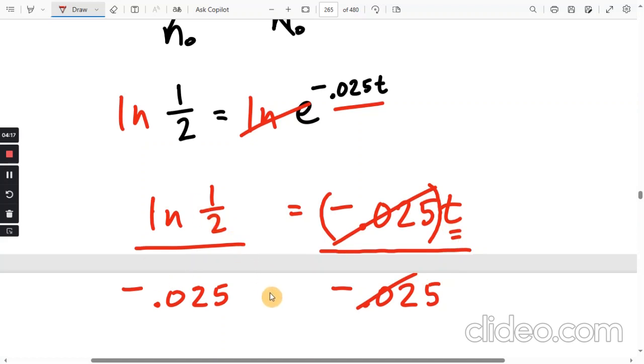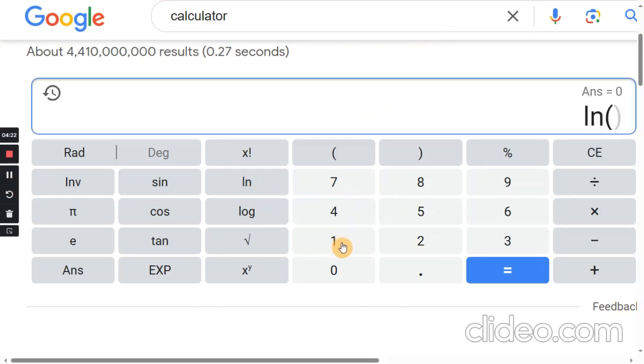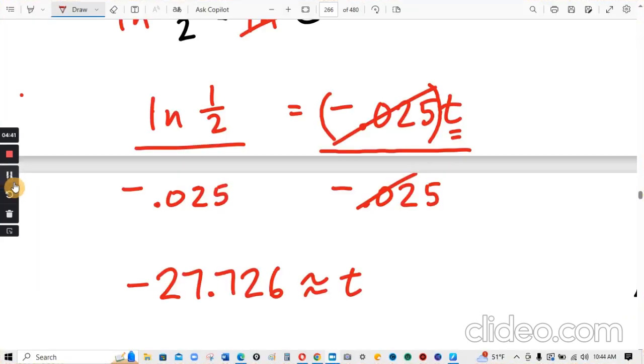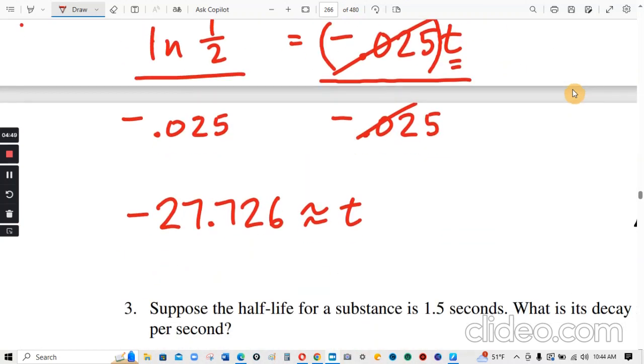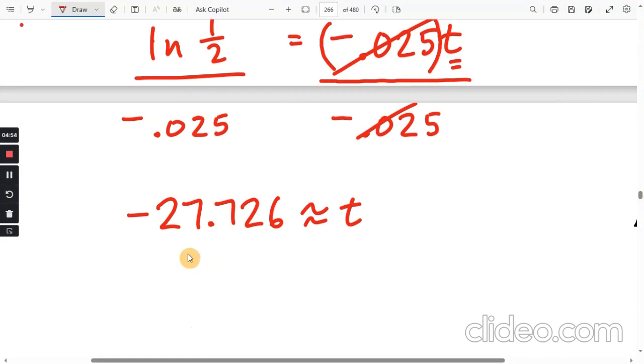I'm going to go to the calculator on this. Natural log of 1/2 divided by negative 0.025. Hit equals, and if I do 3 decimals, 27.726. All right, so what are the units on t? Well, we said before we did the rate per hour, so this is in hours.